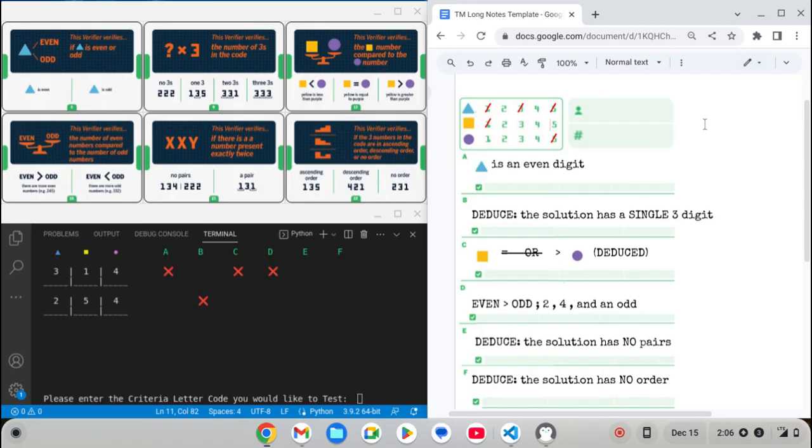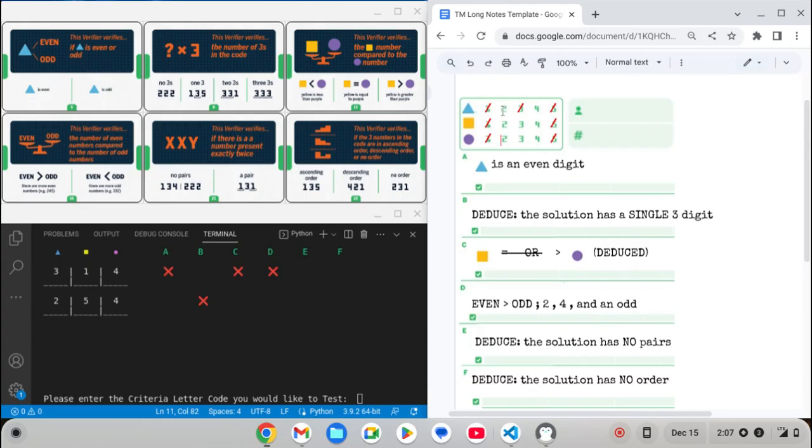All right, so no 5, no 1. And so now let's see. Well, if there is a 3, I don't think it'll be the middle, because in both cases you're forced to have either an ascending or descending: 2, 3, 4, or 4, 3, 2.